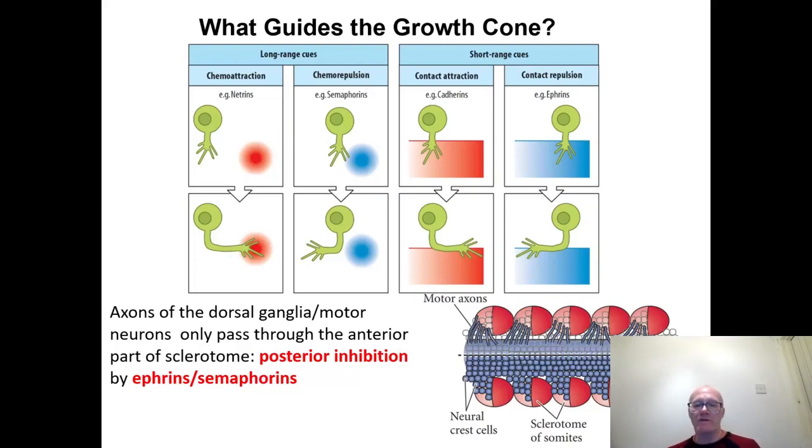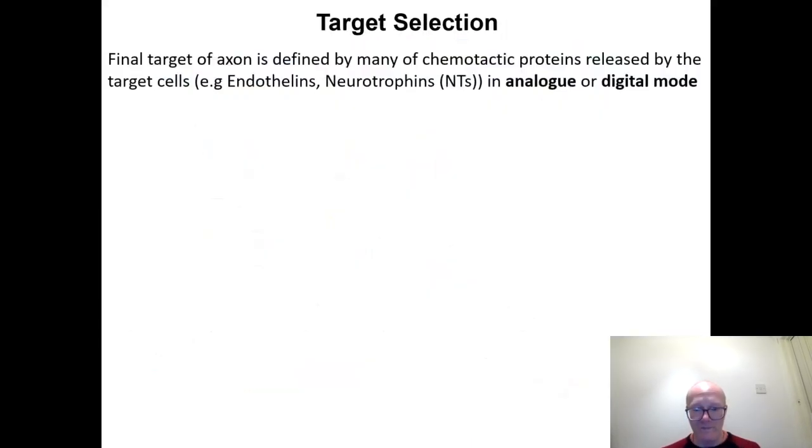Because the posterior region of the sclerotome expresses ephrins and semaphorins, we already saw that, and these are elements that inhibit neuronal or axonal growth.